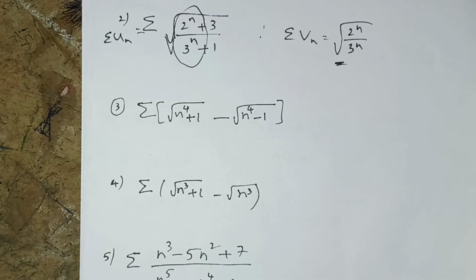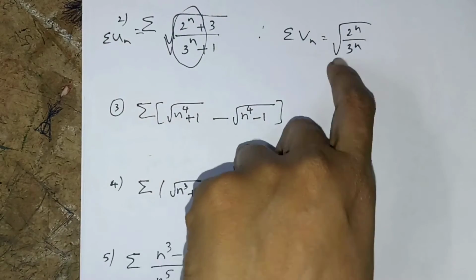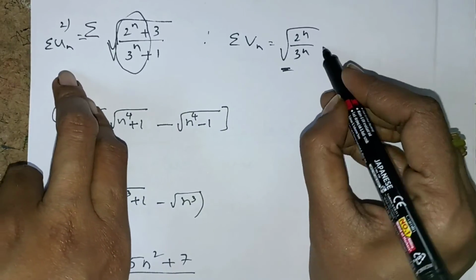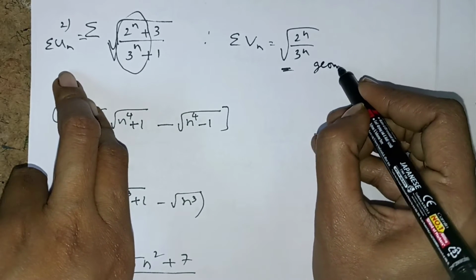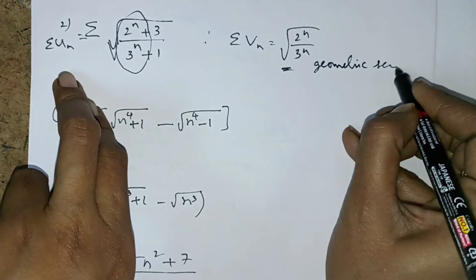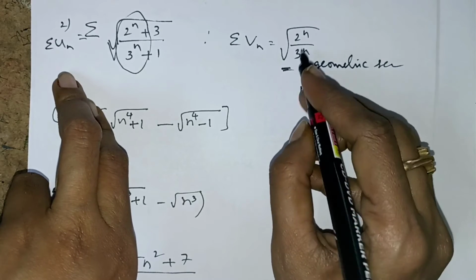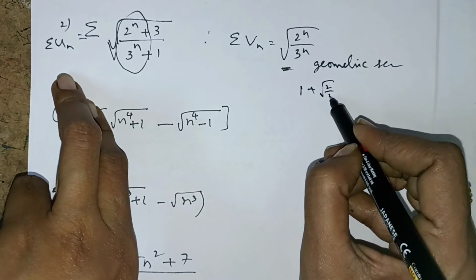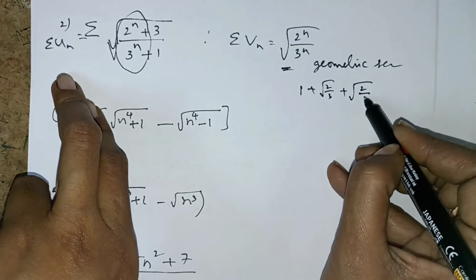a geometric series. If you take n equal to 0, you get 1 plus root of 2 by 3 plus root of 2 by 3 whole square, and so on. Sigma n equal to 0 to infinity, or n equal to 1 to infinity by omitting the first term.